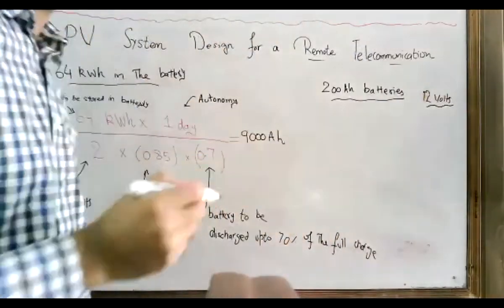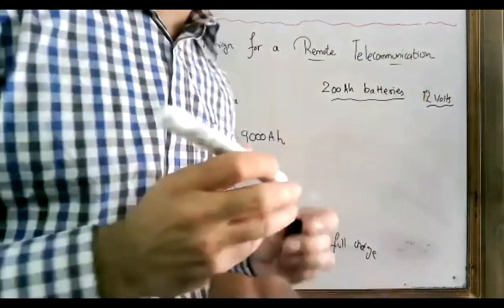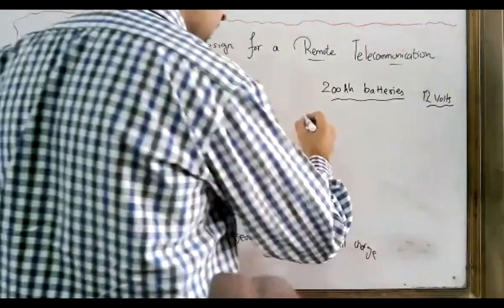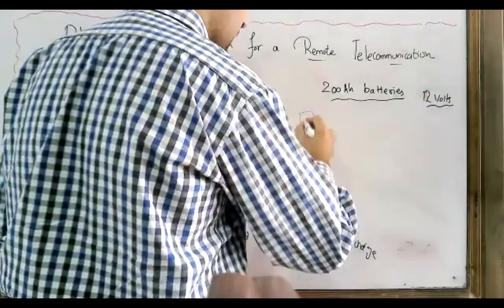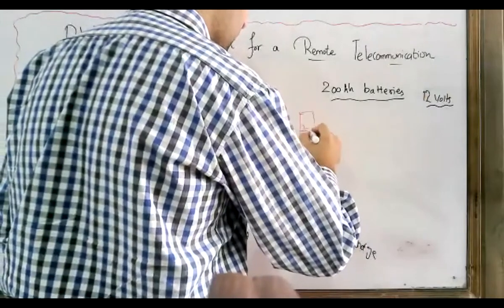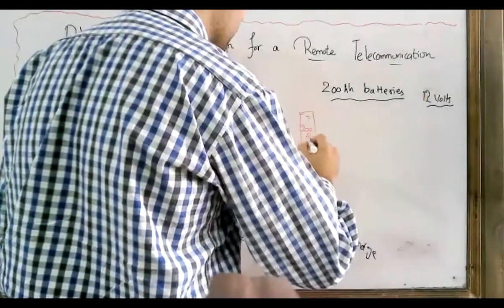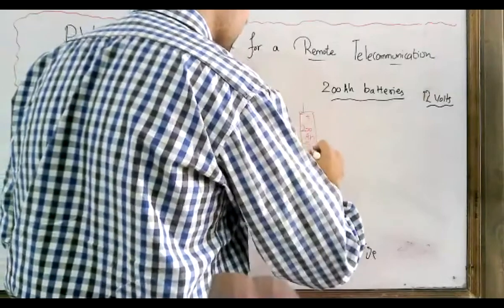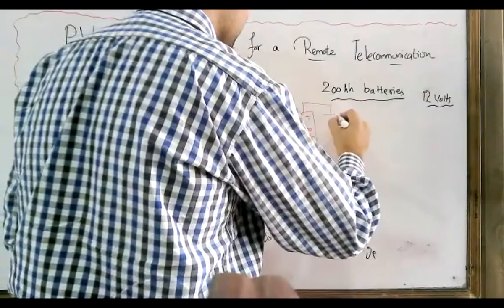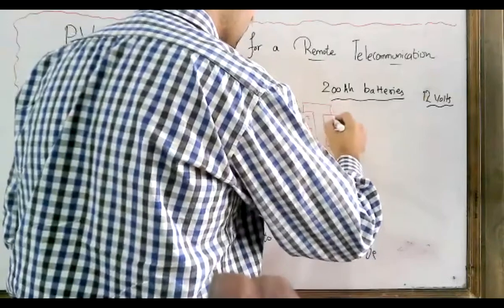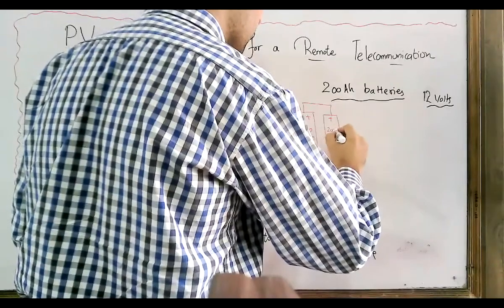This is one of the options, but there are some other good options as well. We will be connecting these 200 ampere hour batteries in parallel. So how many batteries do we require?